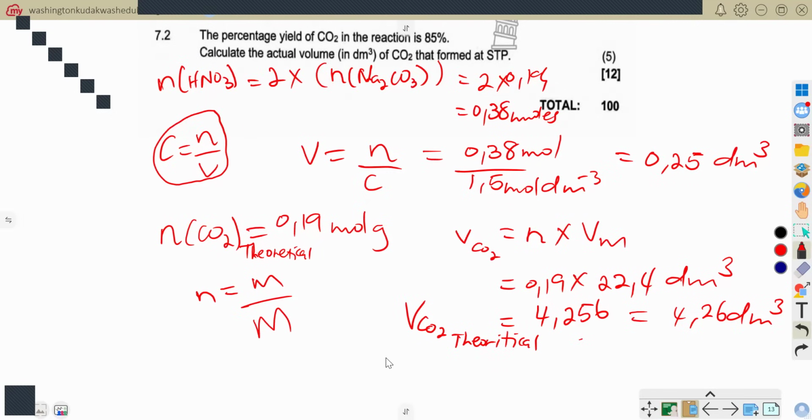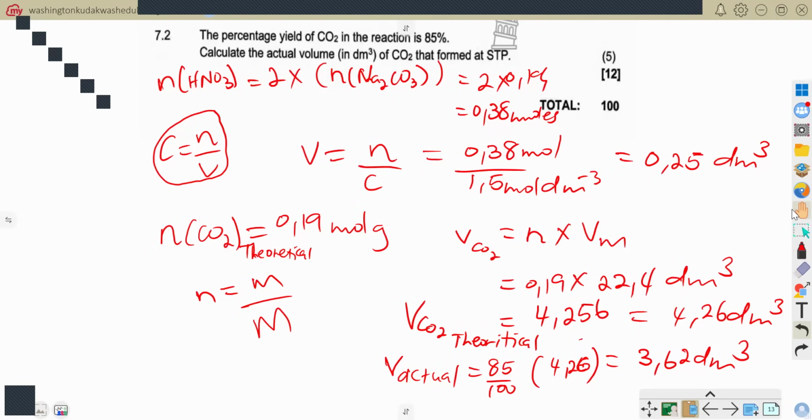For us to find the actual, you would say 85% of that theoretical volume, and then that would be equal to, if I multiply by 85%, 3.62 decimeter cubed. So that is what you were supposed to calculate there.